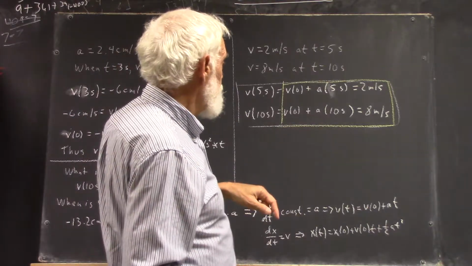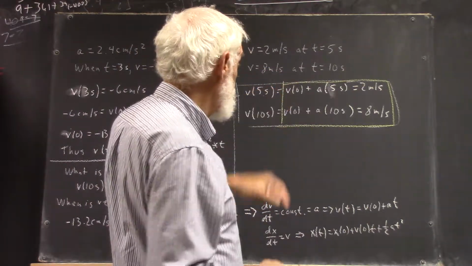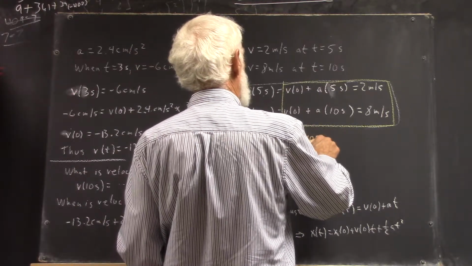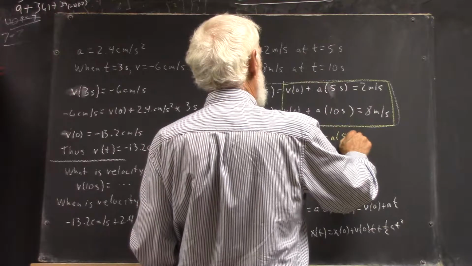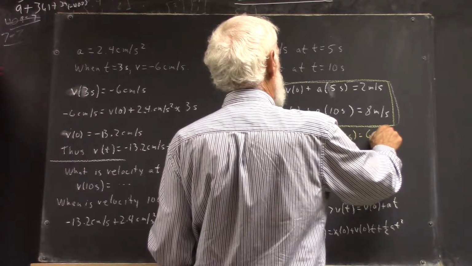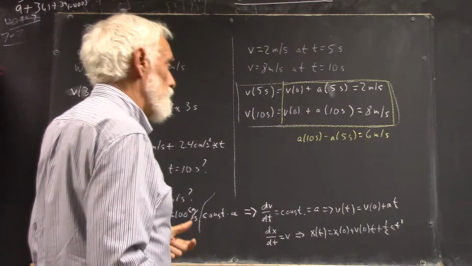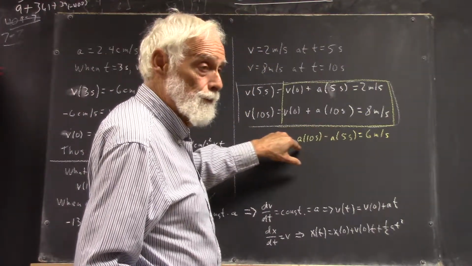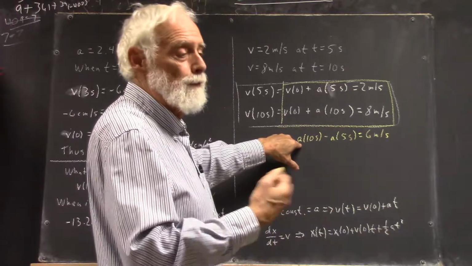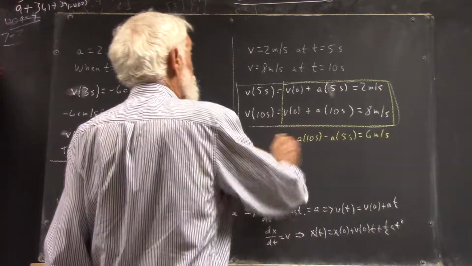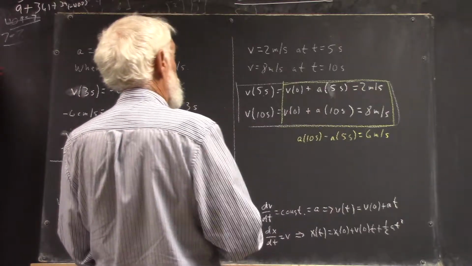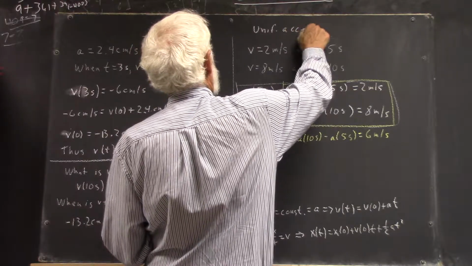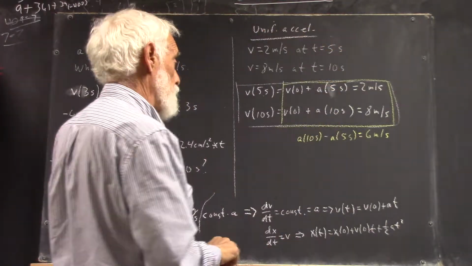If we, for example, subtract the first equation from the second, we get a times 10 seconds minus a times 5 seconds equals 6 meters per second. And this is not a of 10 seconds, it's not a function. A is not a function of time, a is constant, so put down the condition that we have uniform acceleration.